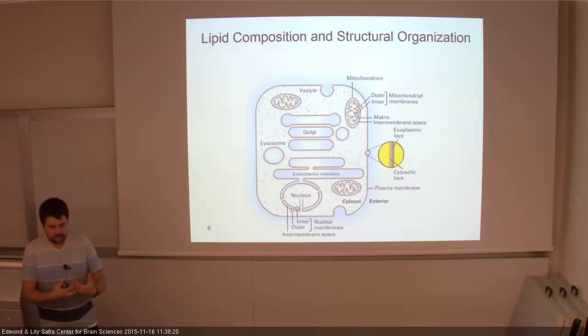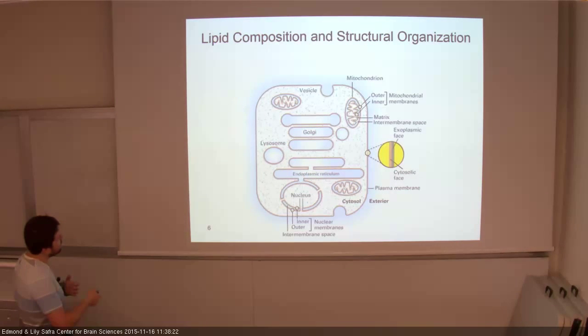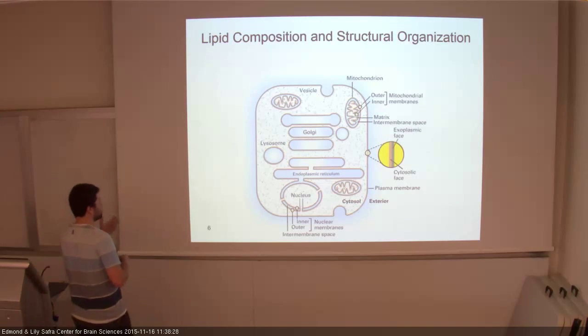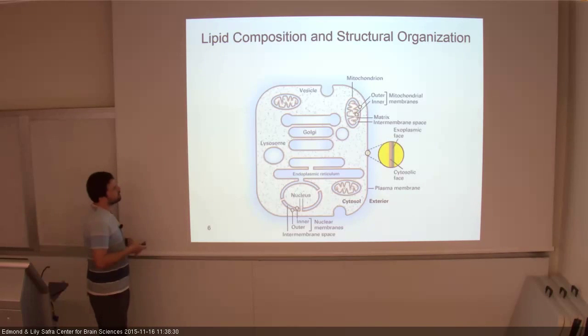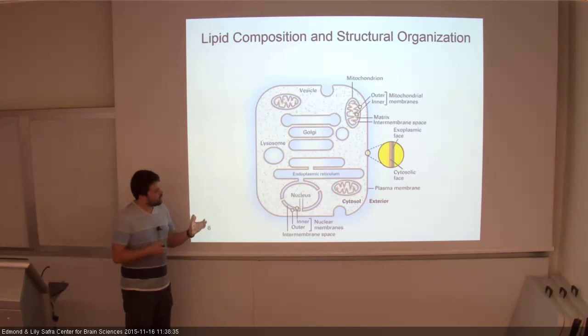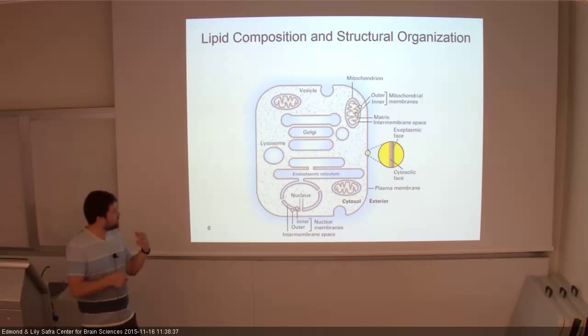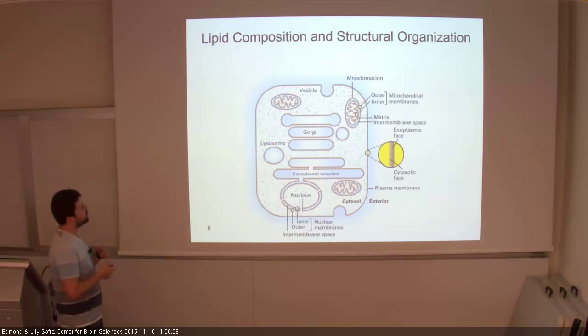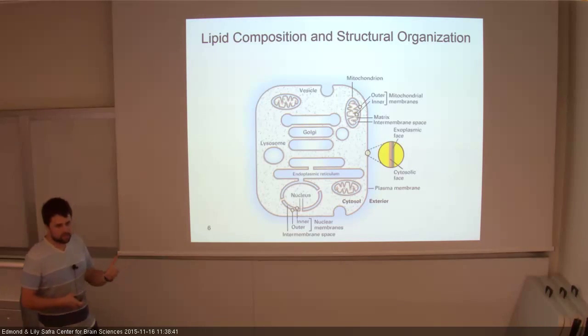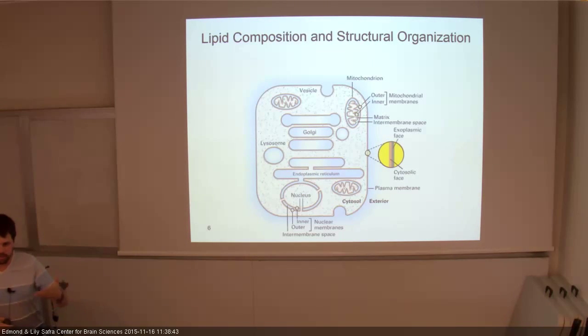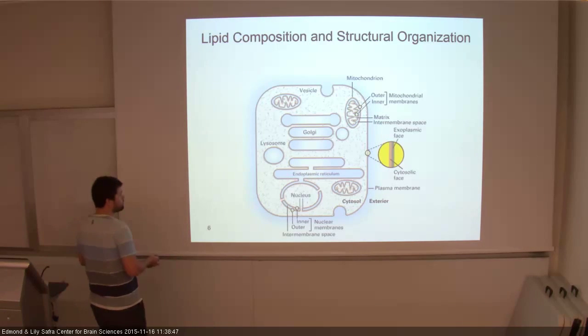It's inside the cell, but the area here is equivalent to the extracellular domain. Another organelle that we're going to talk about is the Golgi apparatus. Again, it is important like the endoplasmic reticulum, but is more important for secreted proteins and proteins that the cell ships outside the cell.